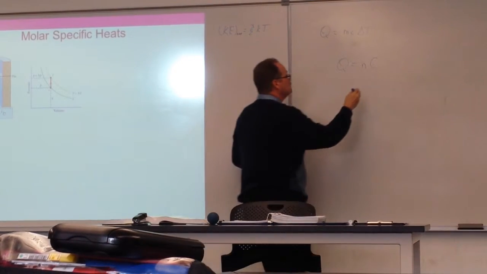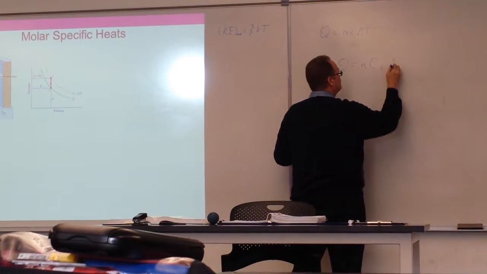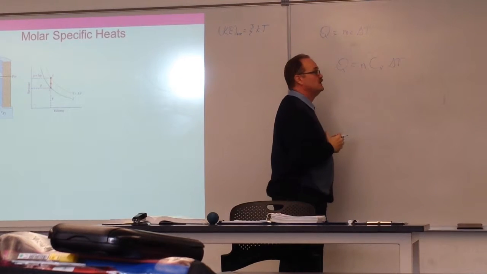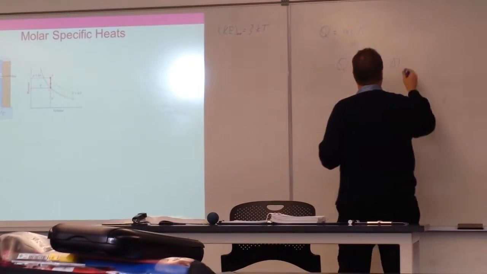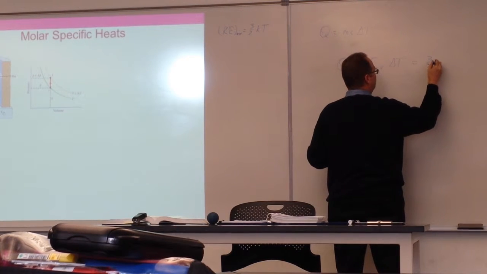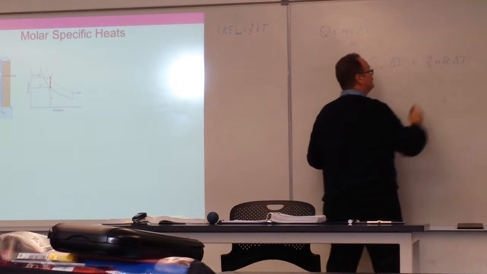So this is the molar specific heat at constant volume, and the temperature change. But what we found out from the last problem is this Q is equal to 3/2 nR times the change in temperature.